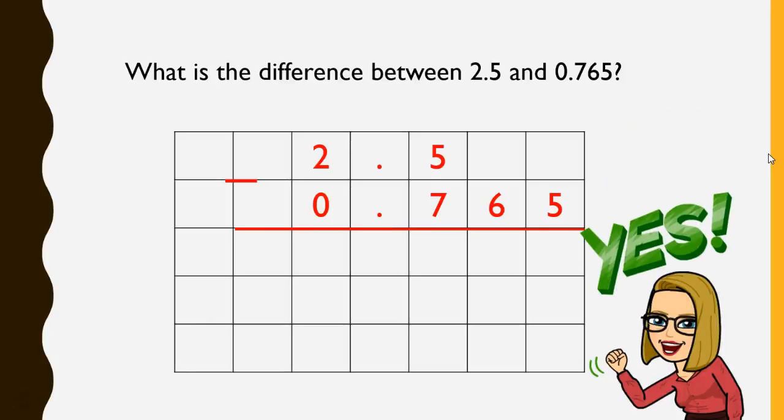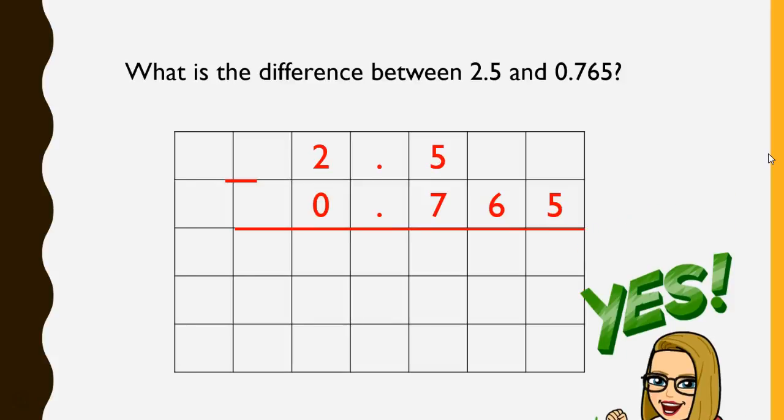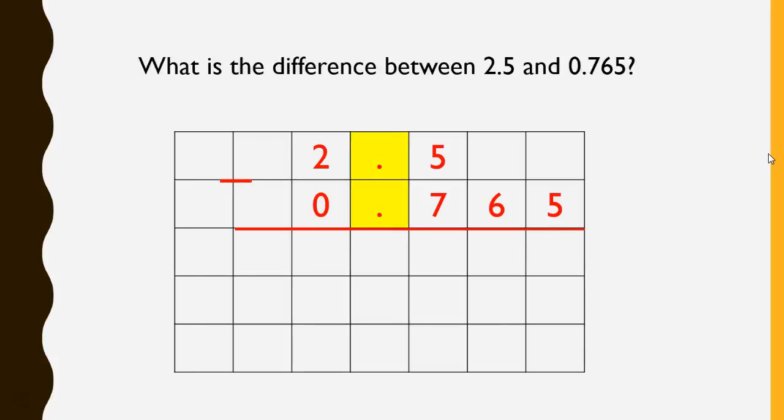Yes, this is the right way to line up decimals when you're going to add and subtract them. You have to line up those decimals right on top of each other, just like we do when we compare them. What you're going to notice is that there's blanks.